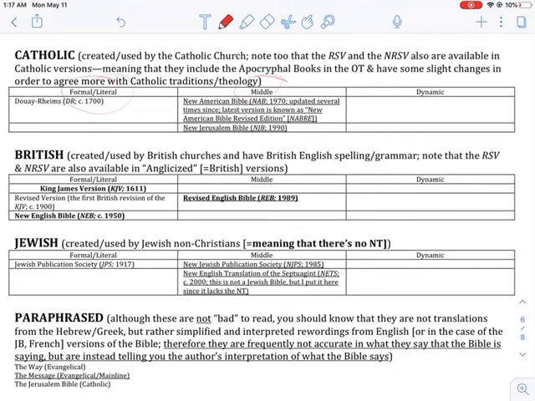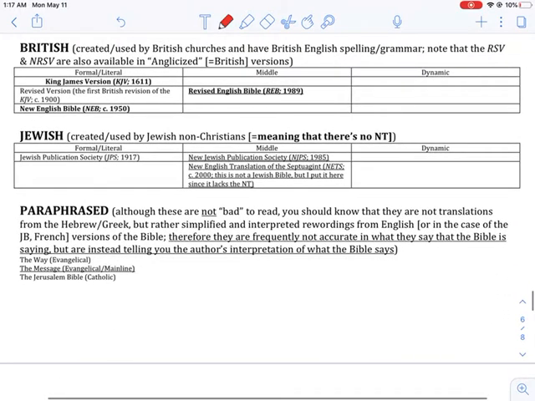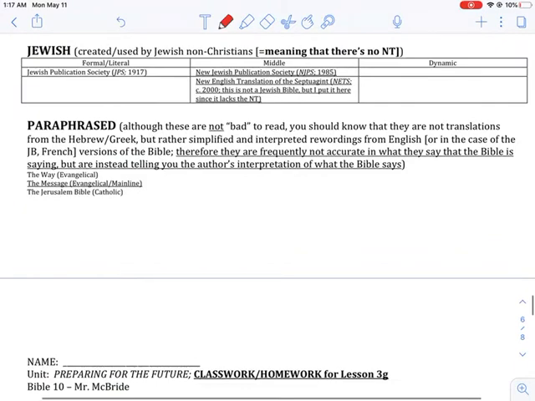There aren't as many dynamic Bibles that are Catholic because the Catholic Church has tended to favor translations that are literal or not changing as much, as a dynamic translation often changes the text. There are British versions as well, and then here there are Jewish Bibles.